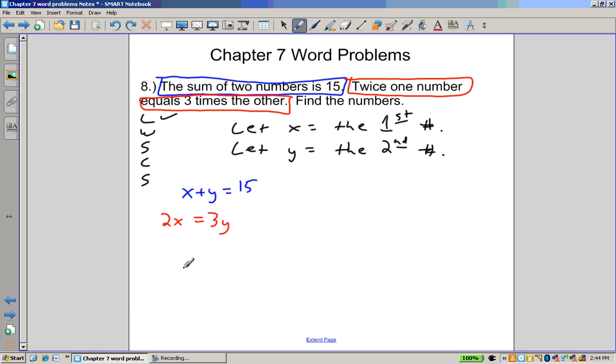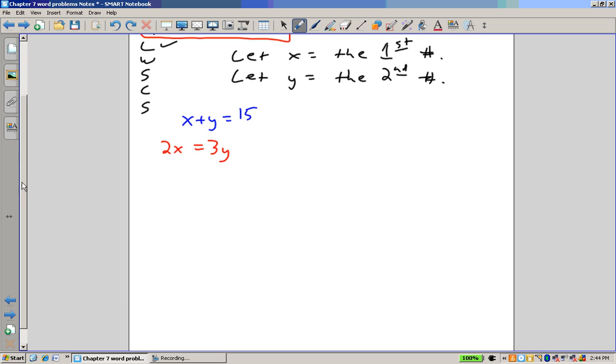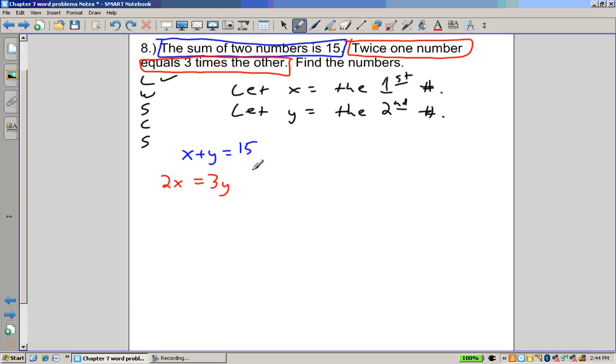Okay, well, looks like we could probably use substitution. So again, it's really two different ways you could use the substitution method. The first way is the traditional way, and I'm going to solve for x here. So x plus y equals 15.